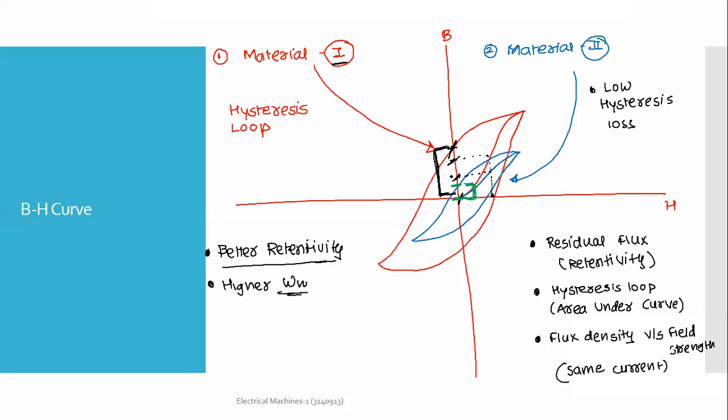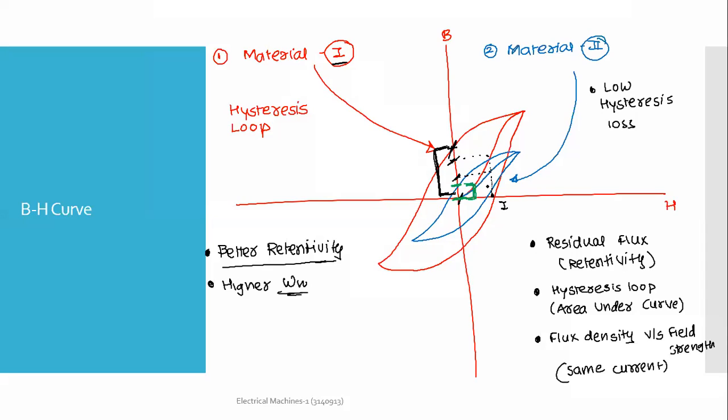For the same cross-sectional area I am talking. Which material has higher flux density, capacity to set up the magnetic flux with the same magnetizing current? 1 or 2?